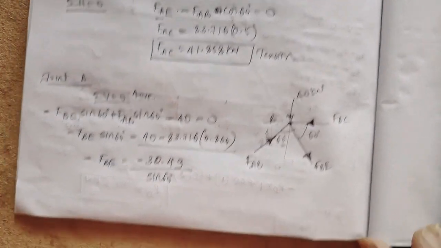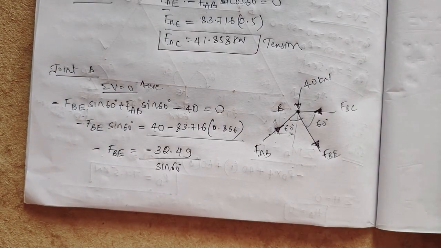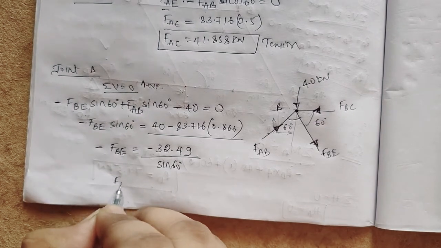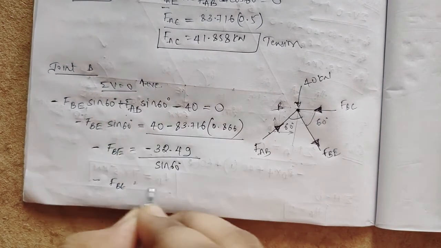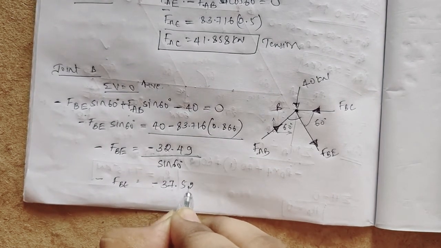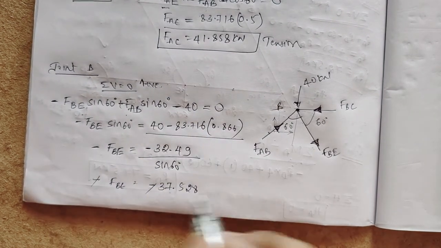This is also minus. Now dividing by sin 60 degree, we get minus 37.55 as the answer. So FBE will be minus 37.528. So this side minus cancels.